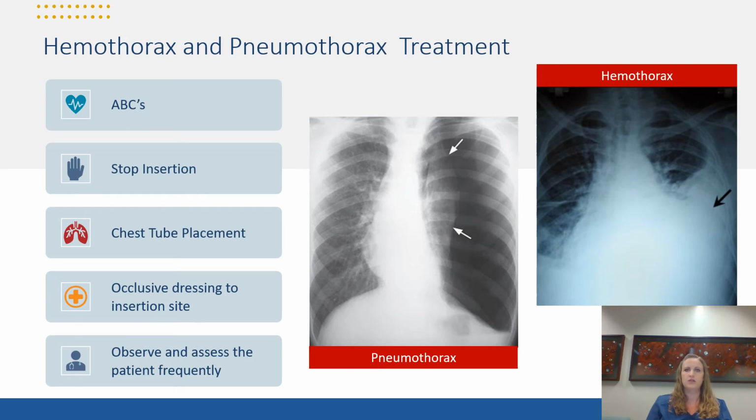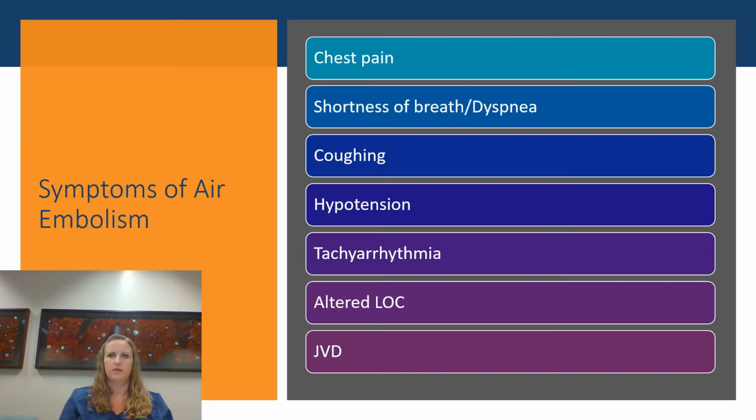You're going to place an occlusive dressing to the attempted insertion site, and you're going to observe and assess that patient frequently. You want to continue to keep an eye on those signs and symptoms to make sure that they're not worsening, that they're not progressing. So keep a close eye on them.